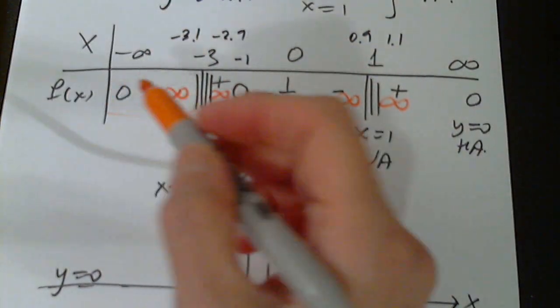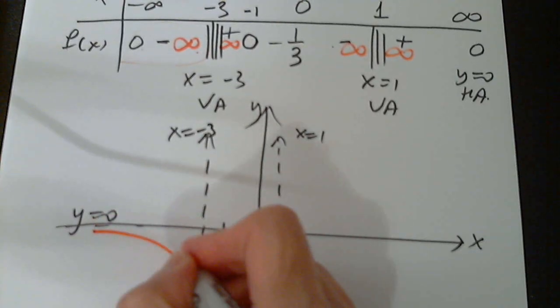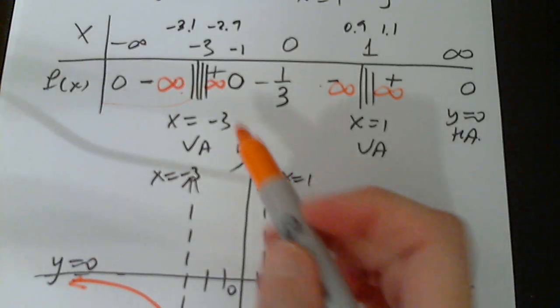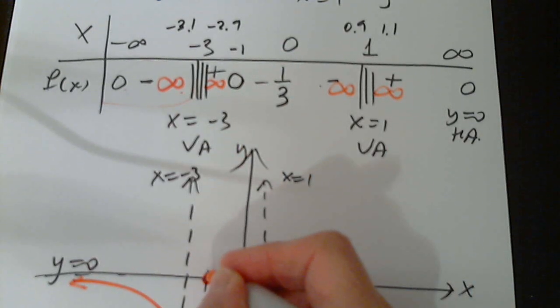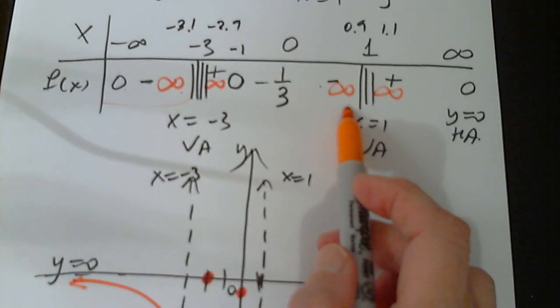I look at this, from 0 down to -infinity, easy. From +infinity, -1, 0, and 0, -1/3, and it's going to -infinity.